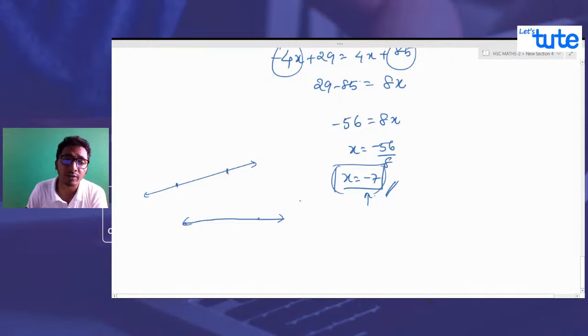So for 2 points, we will definitely have a line. But what about more than 2? We might have a line or we might not have a line. We might have a triangle, who knows? So whenever we have more than 2 points, we can check if they are lying on the same line or not. When they are lying on the same line, we say that they are collinear. When they are not lying on the same line, we say that they are non-collinear. That is the difference.